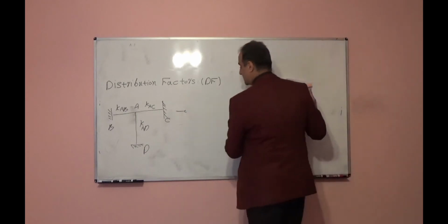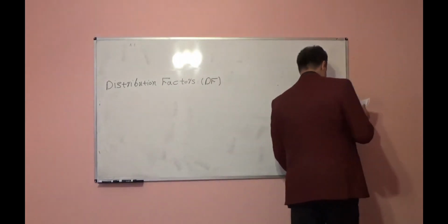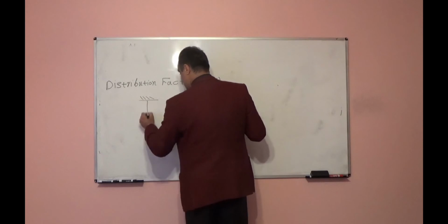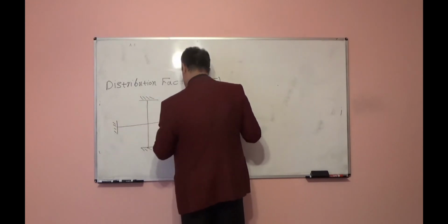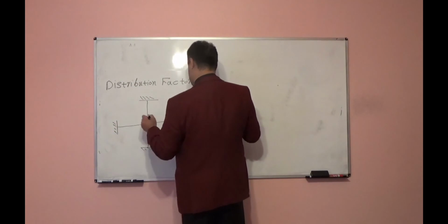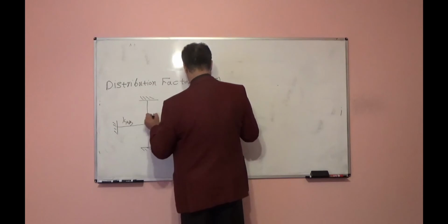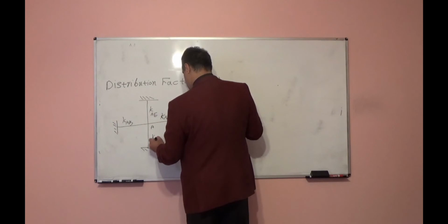Let's look at one joint with 4 members. For example, you have a frame like this, joint A, with KAB, KAC, KAE and KAD.